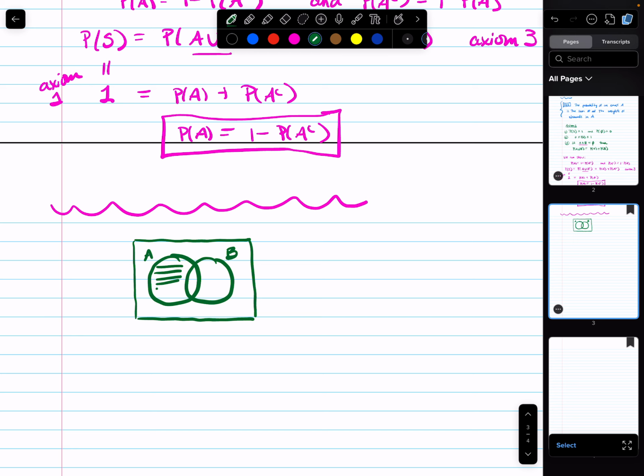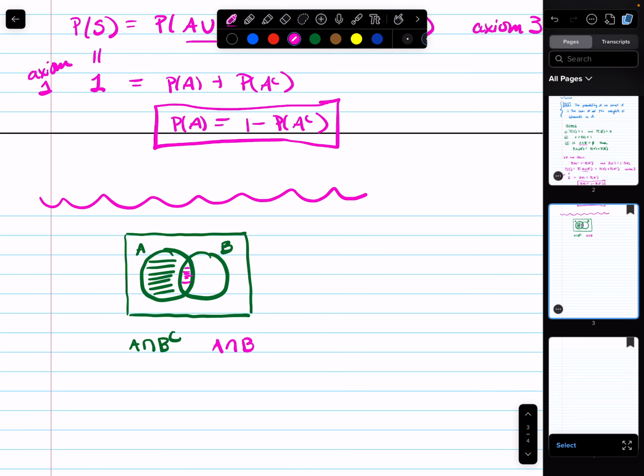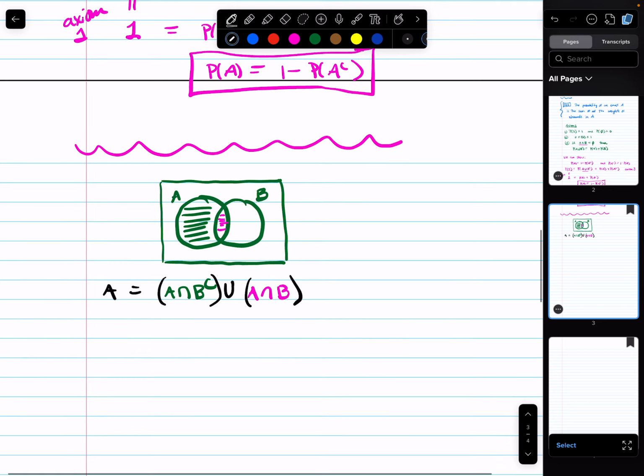This stuff that I'm shading right here is A and not B, so A intersect the complement of B. And then the stuff right here is A intersect B. And if I want to take the union of those, notice that I get all of A. So A is the union of these two sets which are disjoint. All right, so that is going to be a very common tool that we use. We'll stop there.